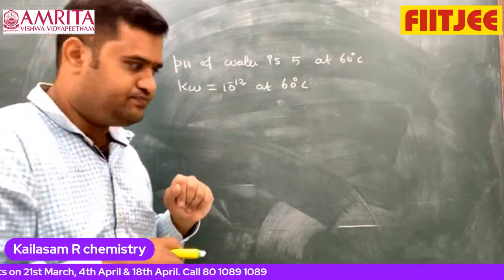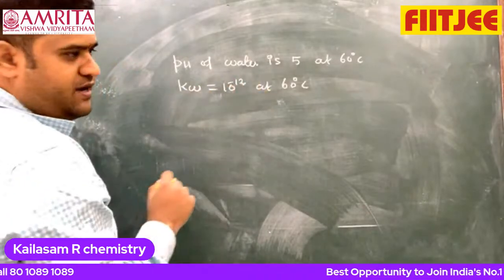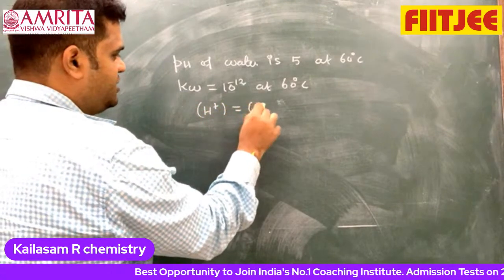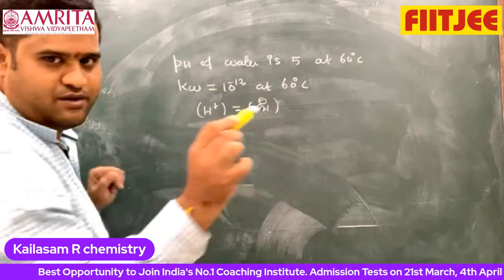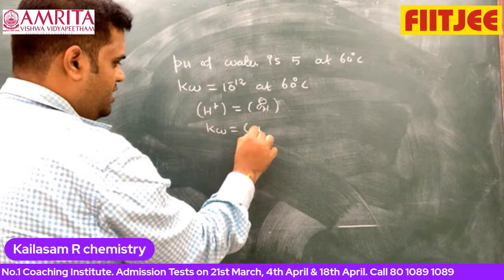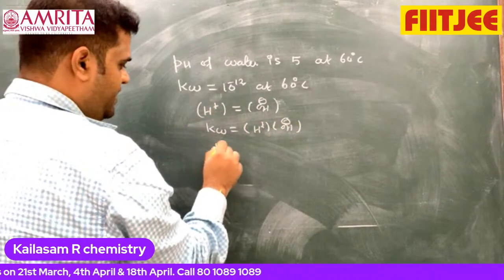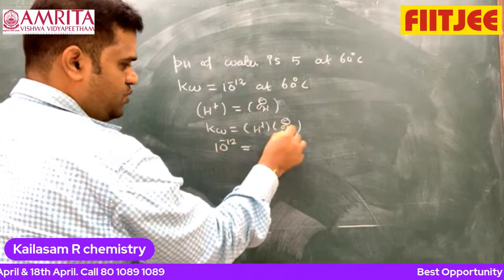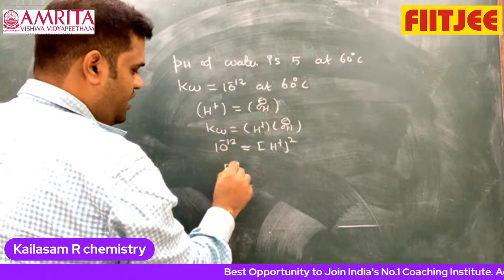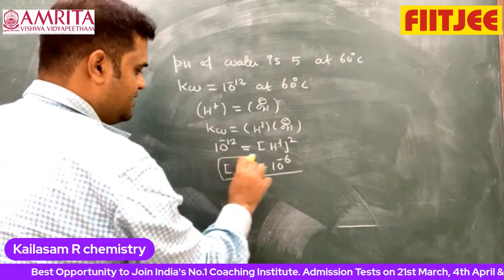Look at that. Now what I am going to do: in this case Kw is given. Water means the concentration of H plus ion is equal to the concentration of OH minus ion, for any water. Therefore Kw is equal to H plus times OH minus, which is 10 power minus 12. So H plus into OH minus I can write as H plus whole square, because water is the condition. Therefore H plus is nothing but 10 power minus 6.